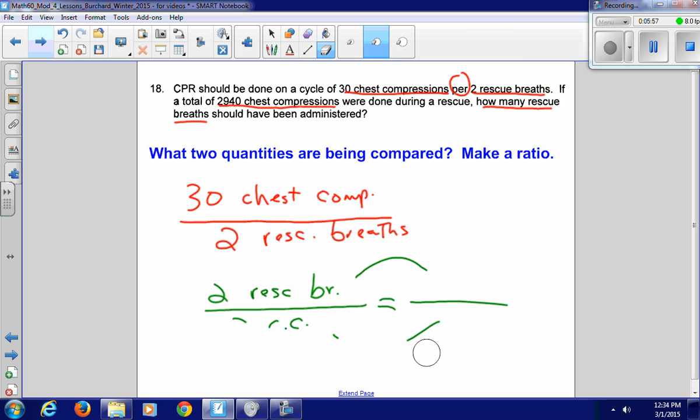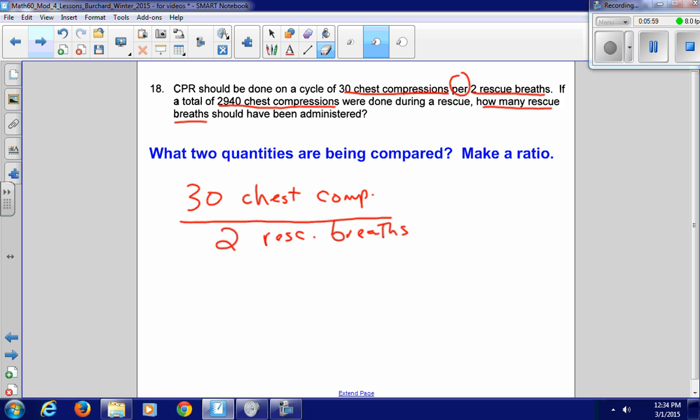Write the first ratio any way you want, but make sure that the next one is written the same way. So I'm going to leave this one up: 30 chest compressions to 2 rescue breaths. I got that from the original problem statement.